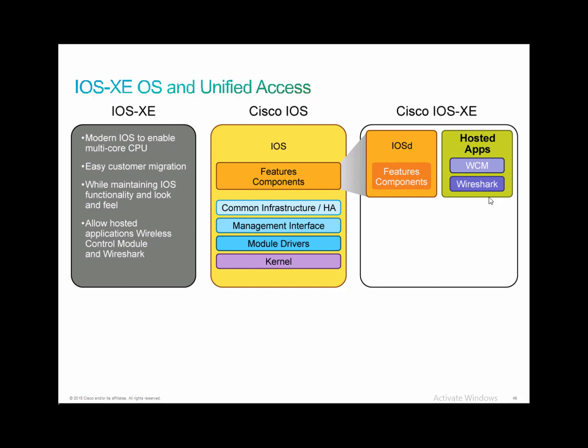All right, so IOS XE permits the integration of non-IOS applications. We have a standard Linux-based environment for hosting those applications. You see that listed here on the diagram, by the way, and that extends those IOS functions into those peripheral applications through application programming interfaces.